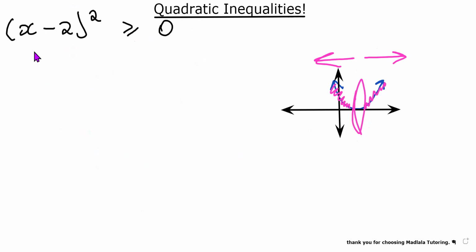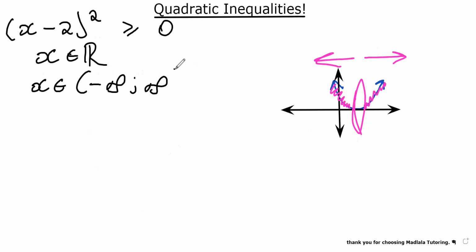So what is the solution here? x is an element of real numbers. Or you can say x is an element of values from negative infinity all the way to positive infinity. Because here we are looking for 2 things: where it is greater than 0, above the x-axis, which is the pink part, and where it's equal to 0, which is at 2. So, yes.